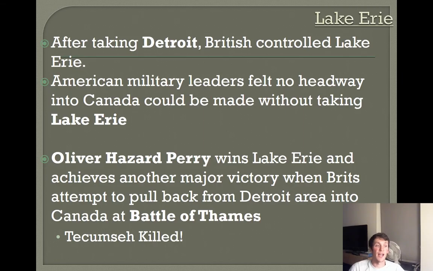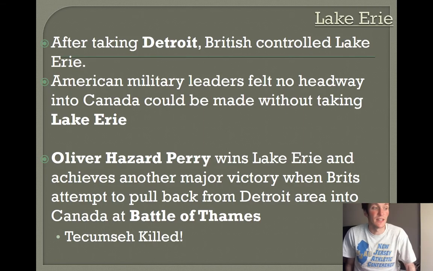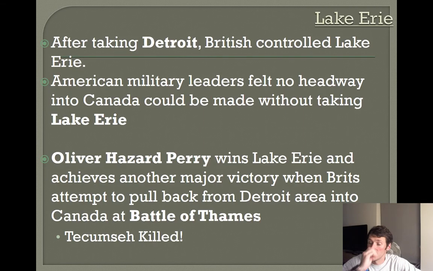The British are going to actually have taken control of Detroit and the Great Lakes area with the Native American alliance under Tecumseh, but the Americans are going to actually get this back under a man named Oliver Hazard Perry, who's going to win back Lake Erie and achieve another major victory at what's called the Battle of Thames in Canada.